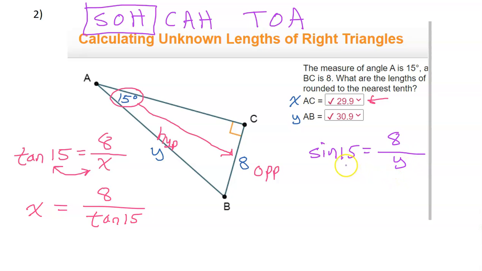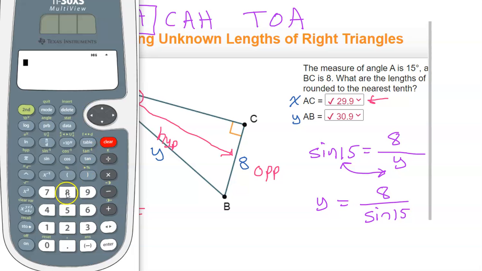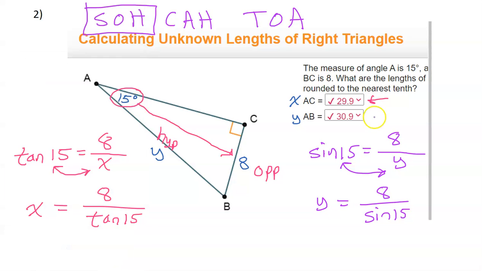So whenever you have the variable in the denominator, you will solve it by swapping these. So the y will end up over here, and then we will have 8 over sine 15. And you can just put this in your calculator. So you will do 8 divided by sine 15. And that is 30.9. So that's why the answer to that one is 30.9.